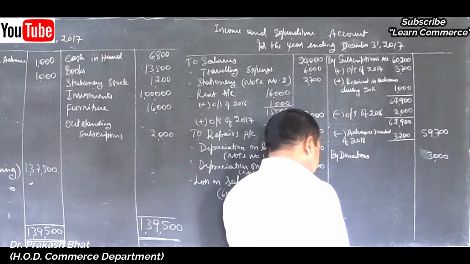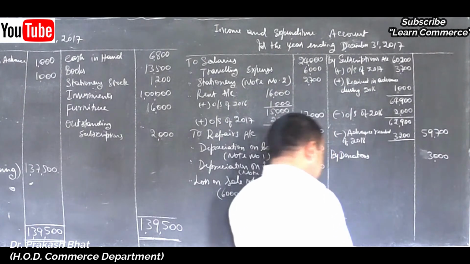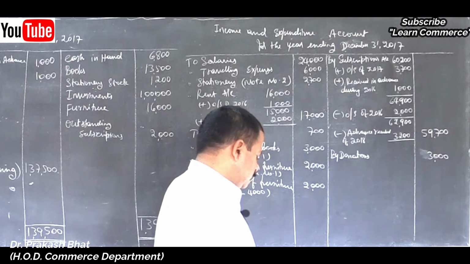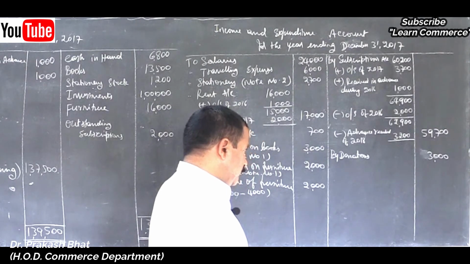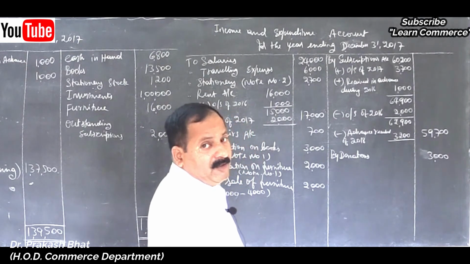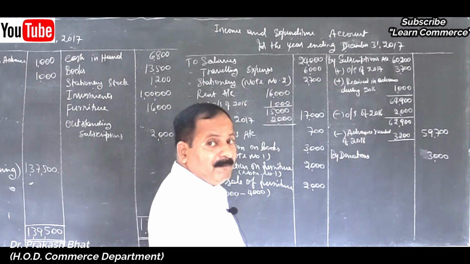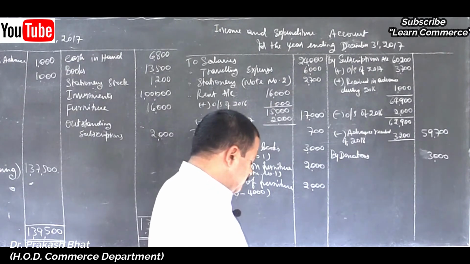Sale of furniture, correct. Whether it will come here? No. Sale of furniture will not come here because we will deduct it from the furniture in the balance sheet, not here. It will not be displayed here.